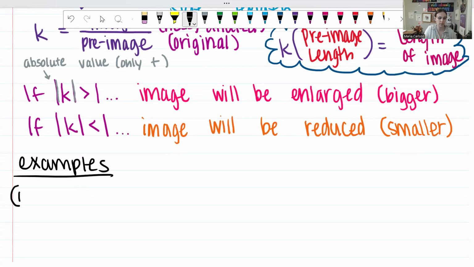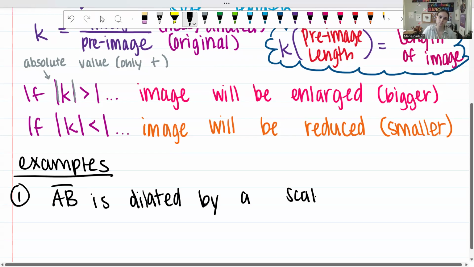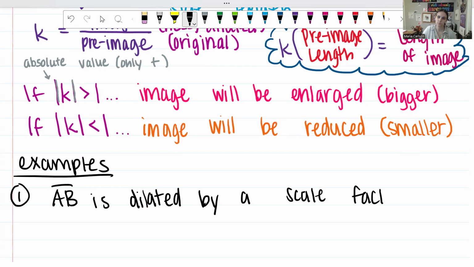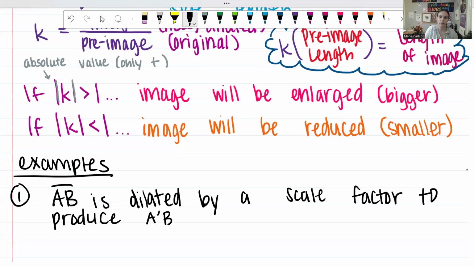So number 1, segment AB is dilated by a scale factor to produce A prime B prime.